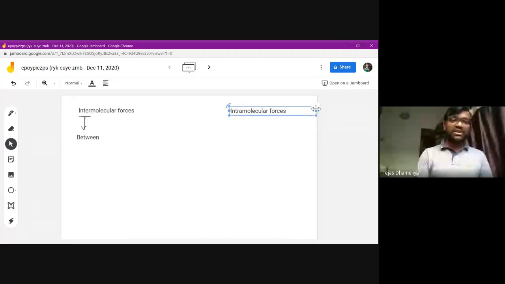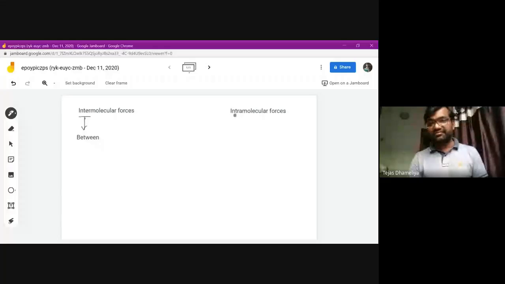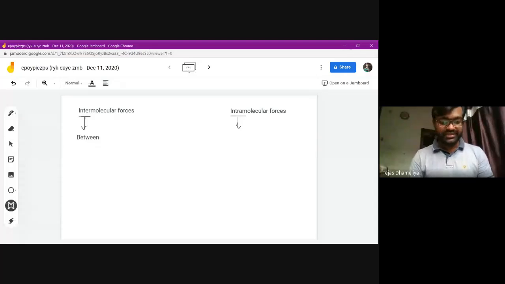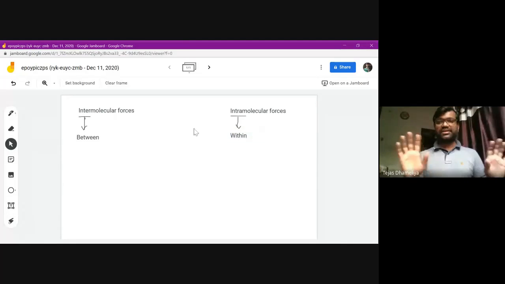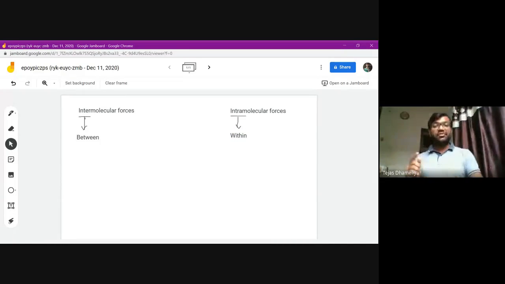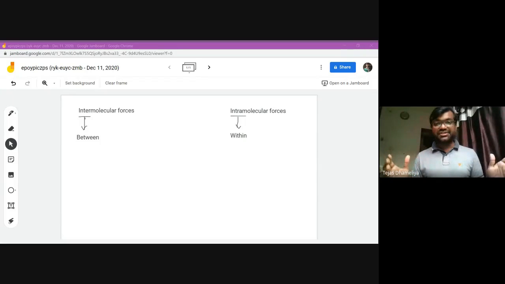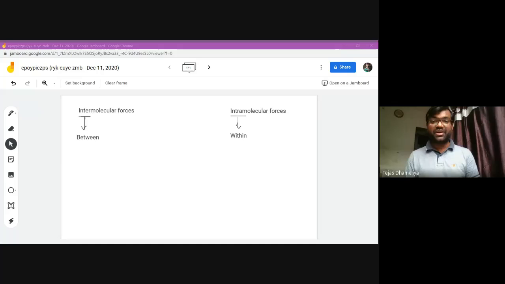Intra means within, itself. So they are different. Intermolecular means which can exist between the molecules. Intramolecular means which can exist within the molecule. So within the molecule, if there are interactions, that is termed intramolecular.